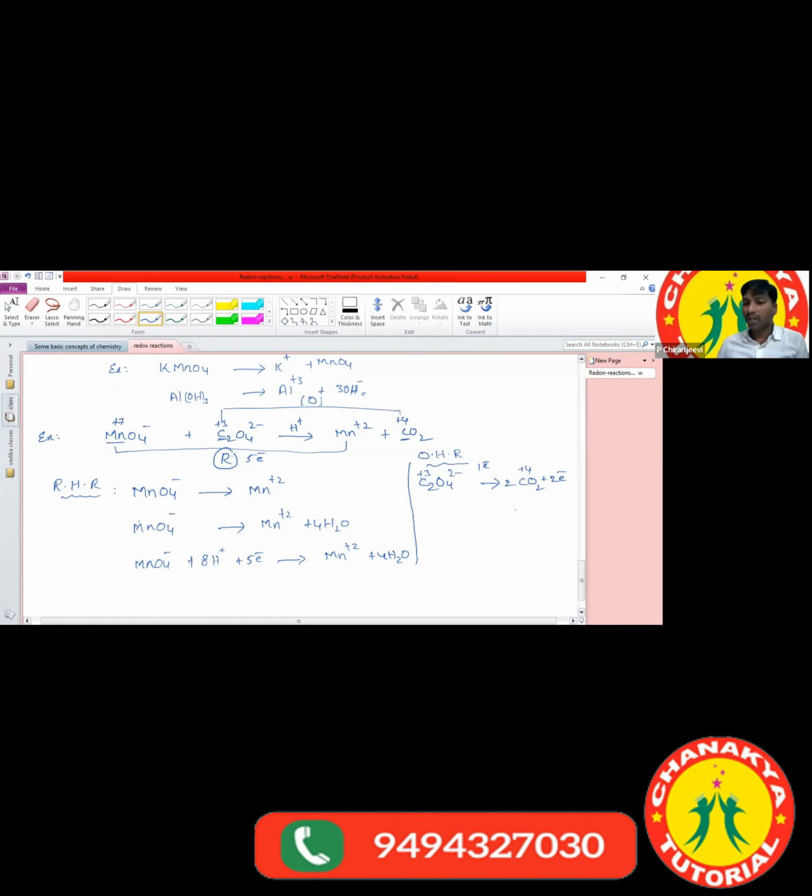Okay, now let us see how we can balance the whole equation. Here we get 5 electrons, here 2 electrons, here 5 electrons, here 2 electrons. If you multiply with the opposite number, one is an even number and the other is an odd number.